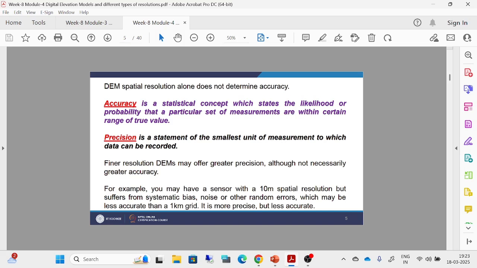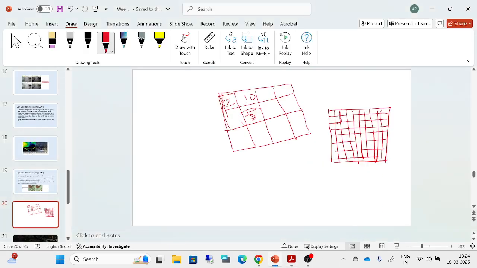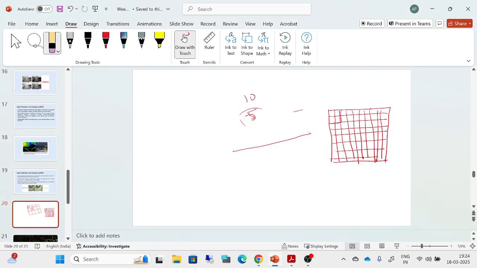how I can show you an image, I can draw and show you. This is a very common image that is used to talk about accuracy and precision.